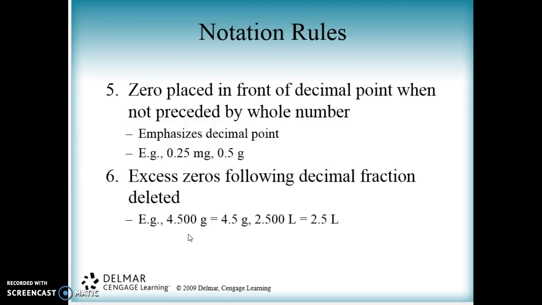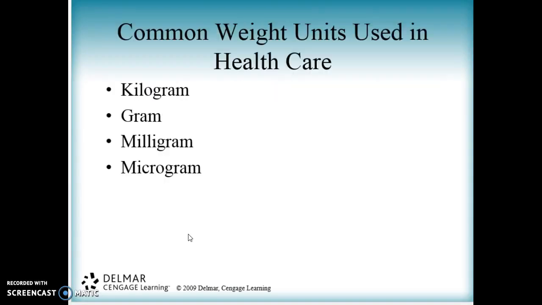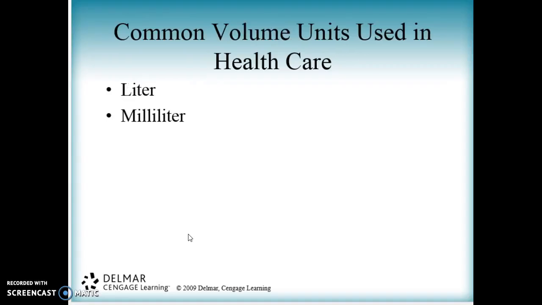Some of the common units that we're going to be using in healthcare, as far as weight goes, we're going to be using kilogram and gram, milligram, and microgram. So those are the 4 basic ones that we're going to be using in healthcare when it comes to weight. When it comes to volume, we're going to be using mostly liters and milliliters.